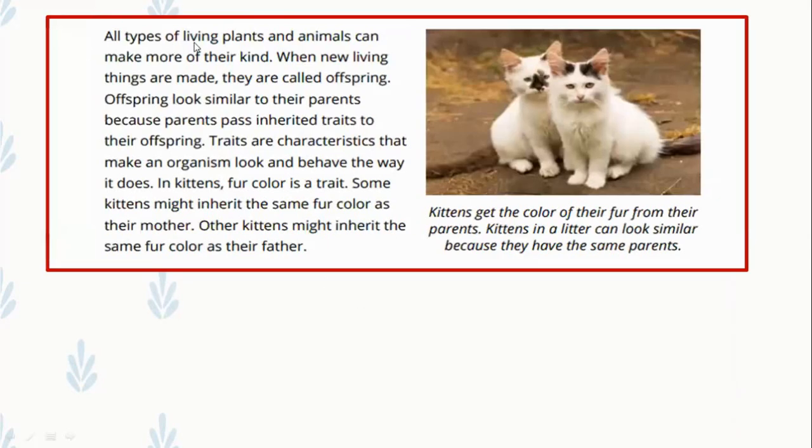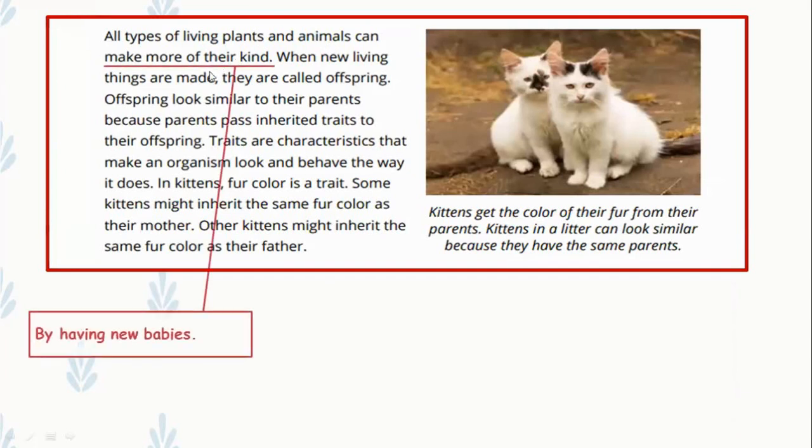All types of living plants and animals can make more of their kind. What does it mean? Make more of their kind by what? By having new babies. When the plants or the animals have new babies, they are doubling their numbers, so they are having more of their kind.